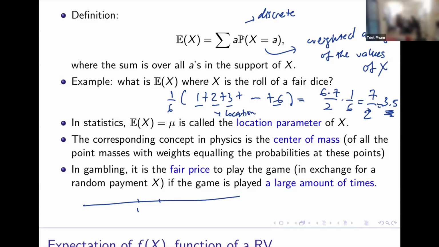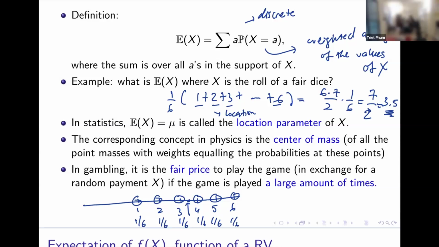So you have point masses hanging at these positions, and the masses, of course, are the probabilities. Notice that I draw this, but they're not really there, there's really nothing in between. Or you can think of this as a thin rod connecting these masses together, but the rod has no mass. And the center of mass idea is the point along this rod where, if you put a needle, then the set of masses will perfectly balance on that needle.